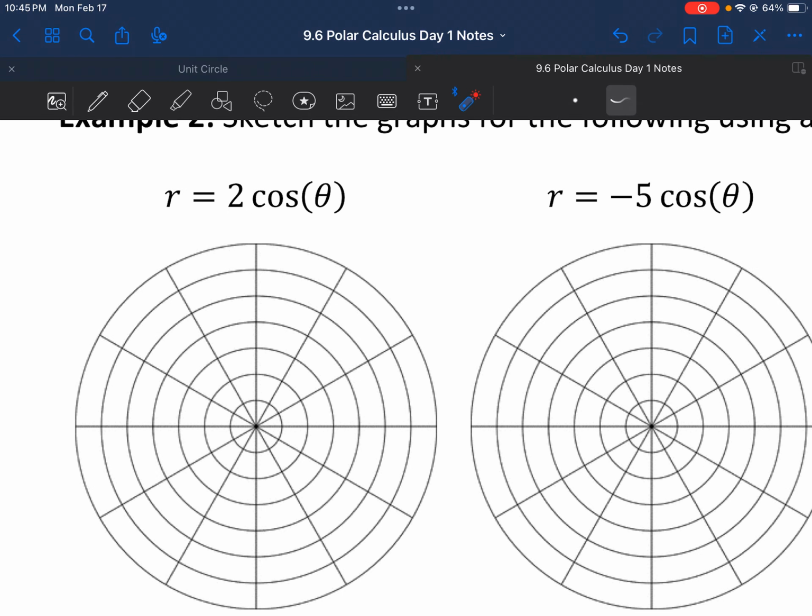What this is showing is I have a circle with diameter 2, and because it's a positive cosine, it's going to sit to the right of the pole. So we're going to have a diameter 2 circle sitting to the right of the pole. So it would look something like this.